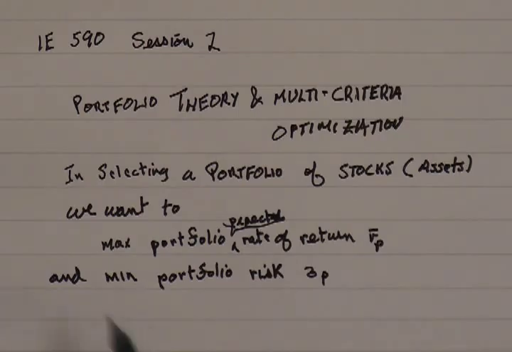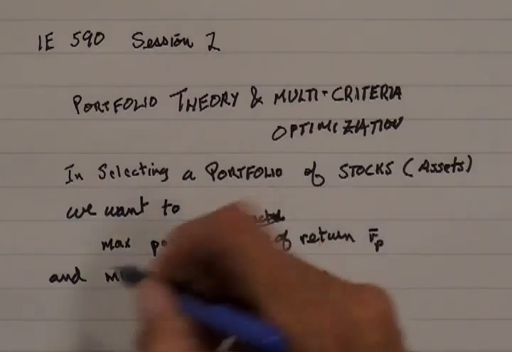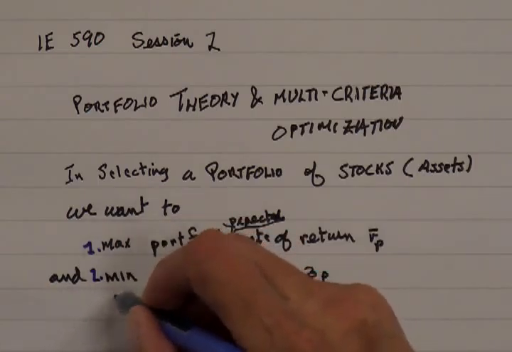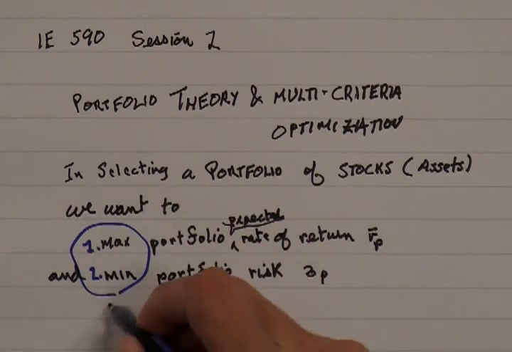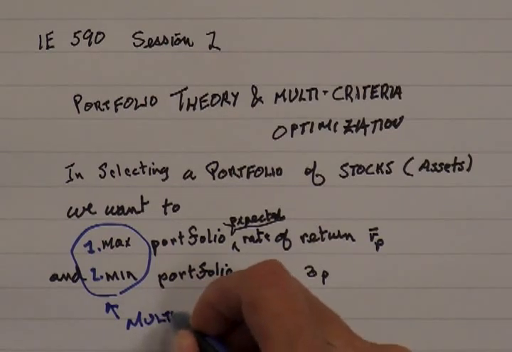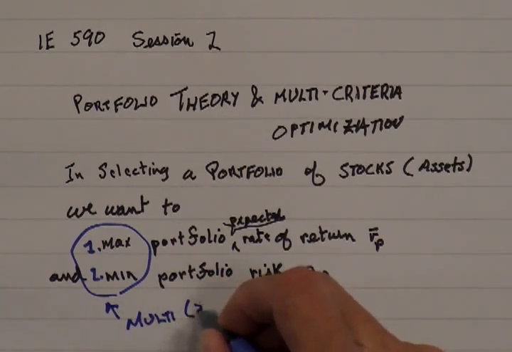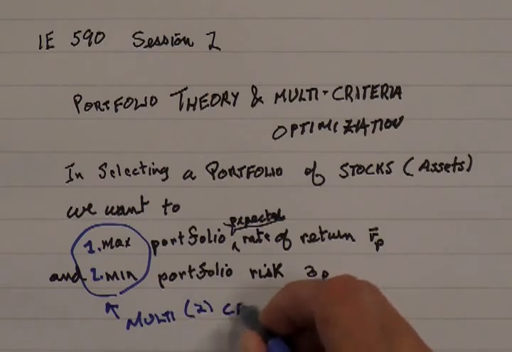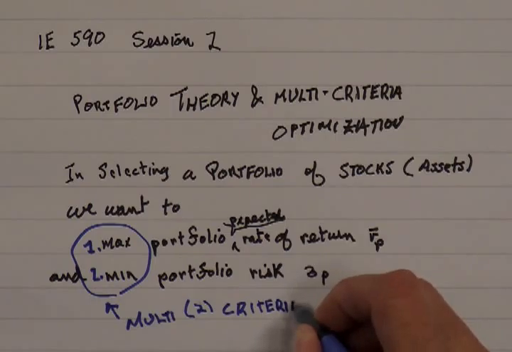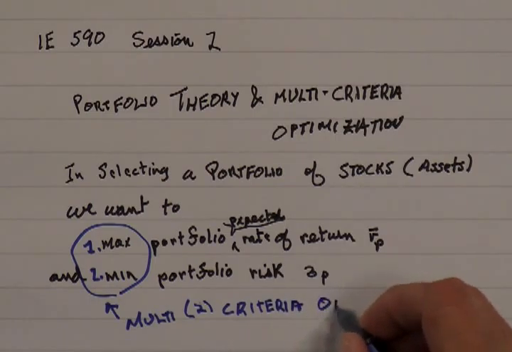Okay, so now, because of this, we have a multi, which is 2 criteria optimization problem.